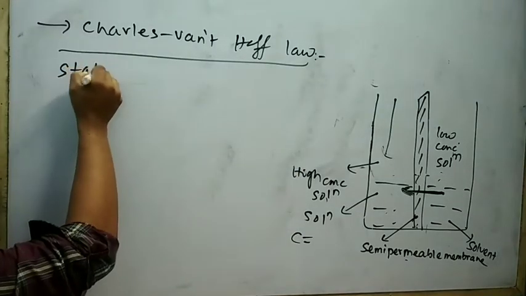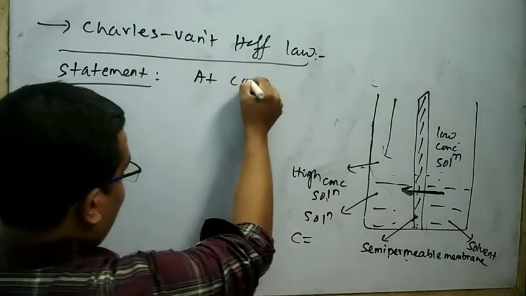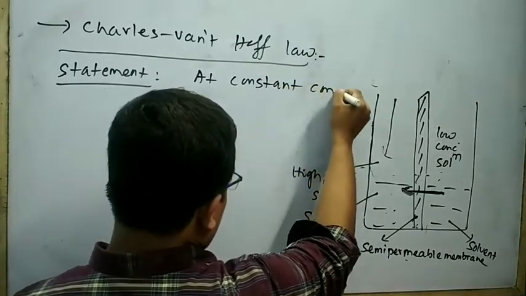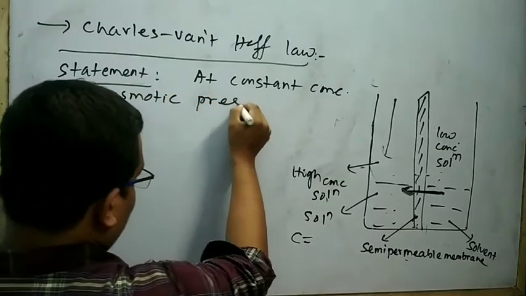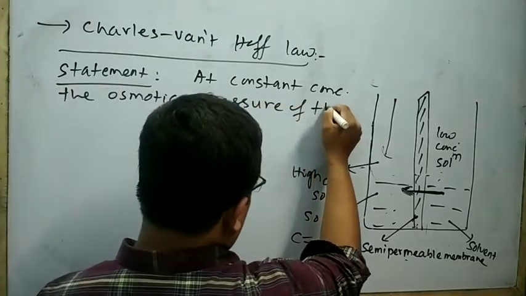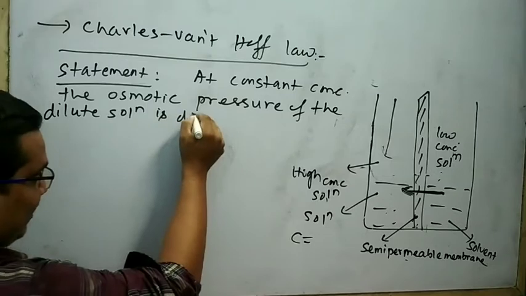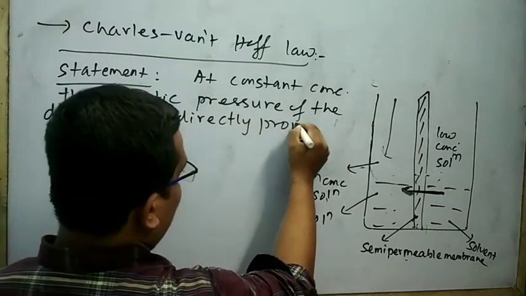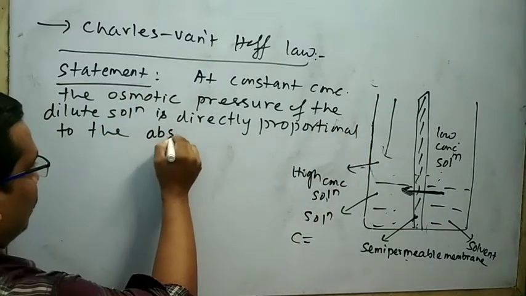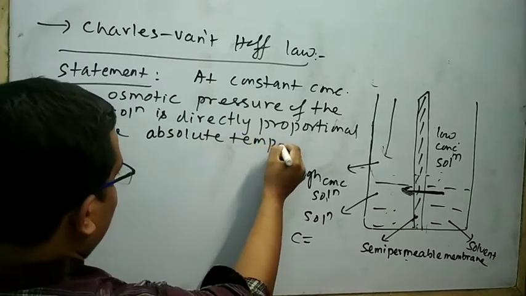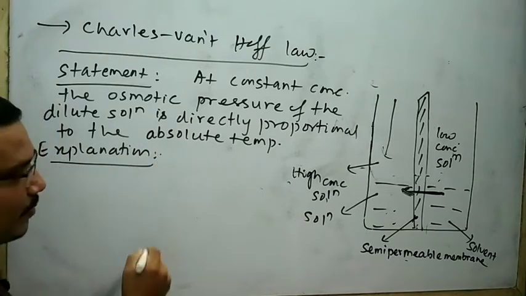So I can write the statement of Charles-Van't-Hoff law like this: at constant concentration, the osmotic pressure of the dilute solution is directly proportional to the absolute temperature. Now I will explain Charles-Van't-Hoff law.